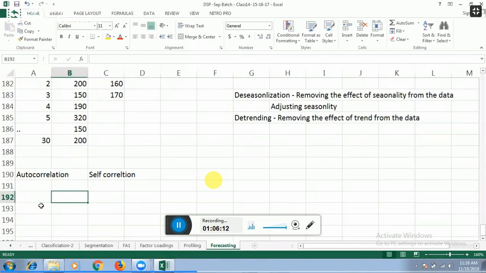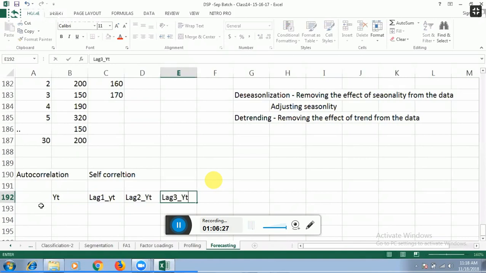Suppose you have YT and you have lag1 YT and lag2 YT. You can create lag3 YT, etc. Will you be able to create or not?